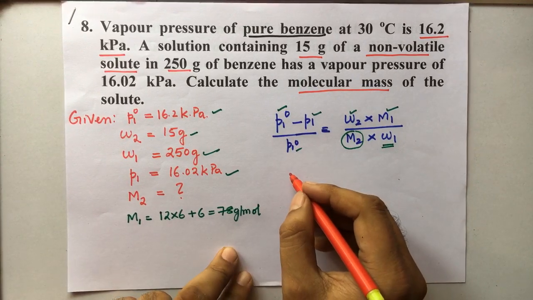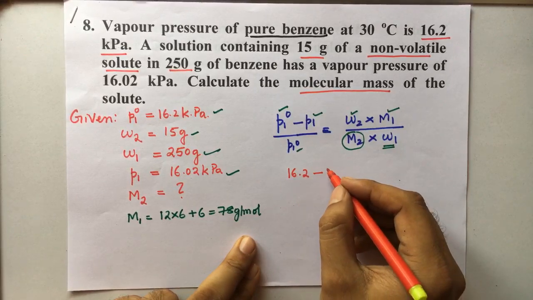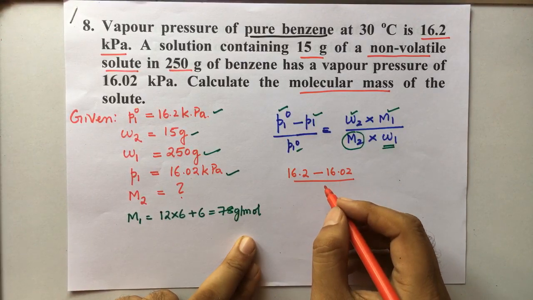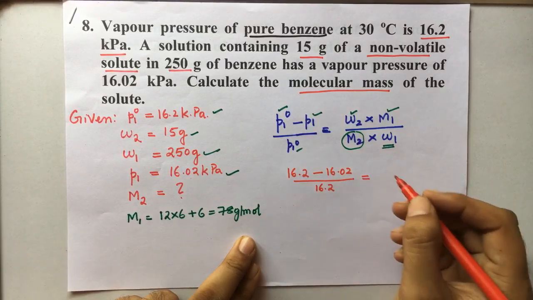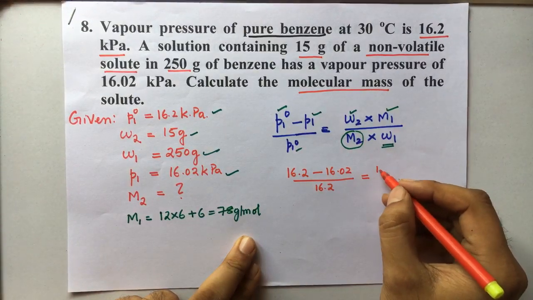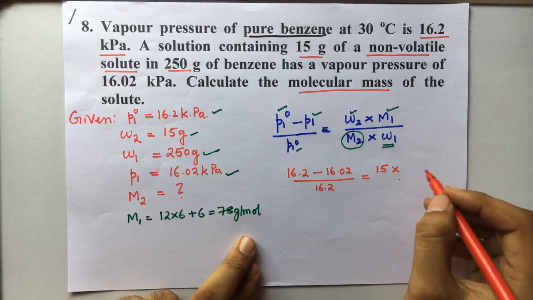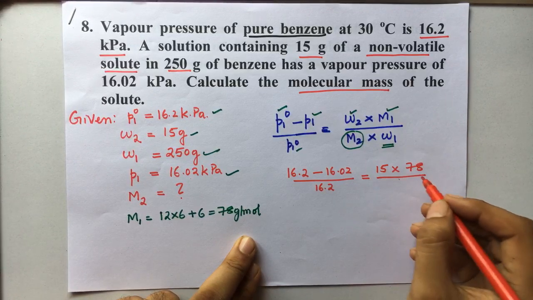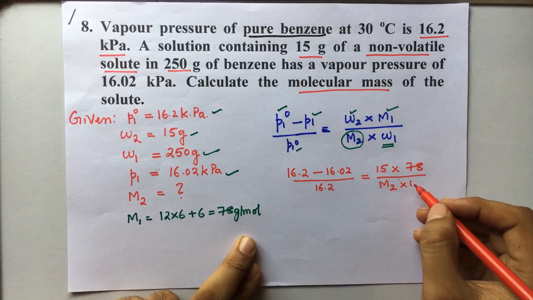It is 16.2 minus what is P1? 16.02, divided by P1 naught, which is 16.2, equals W2, 15 grams, multiplied by M1, which is 78 since it is benzene, divided by M2, which has to be calculated, multiplied by W1, which is 250.